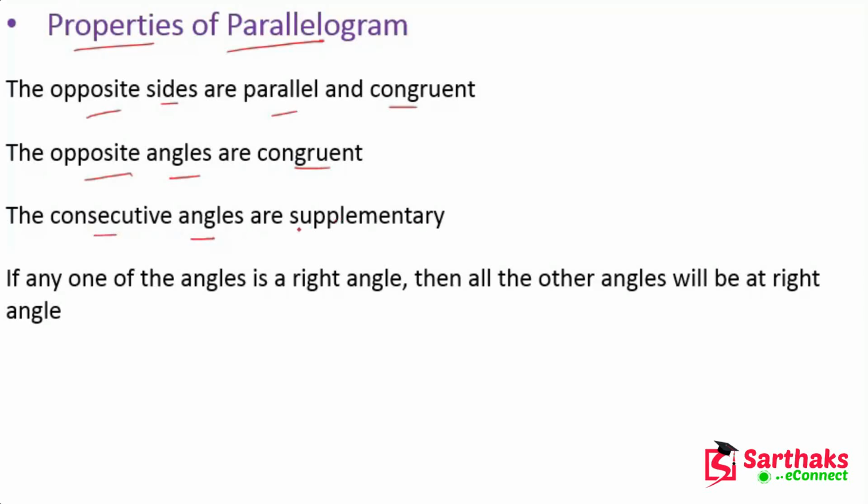Consecutive angles are supplementary, because they are interior angles. If any one of the angles is a right angle, then all the other angles will be right angles. If one angle becomes 90 degrees, then all the angles will be 90 degrees. So these are the properties of a parallelogram.